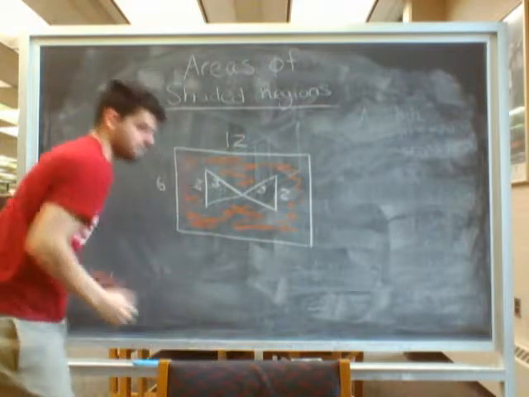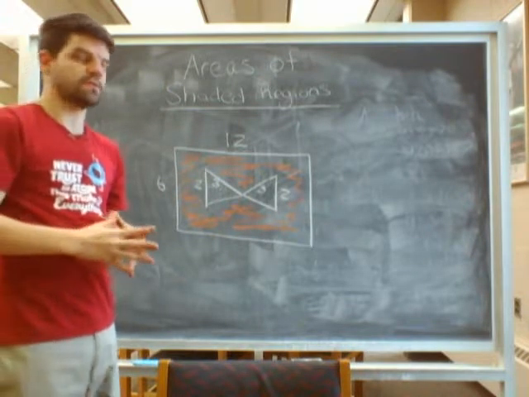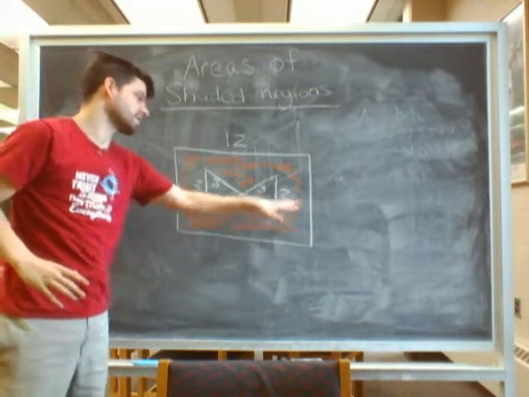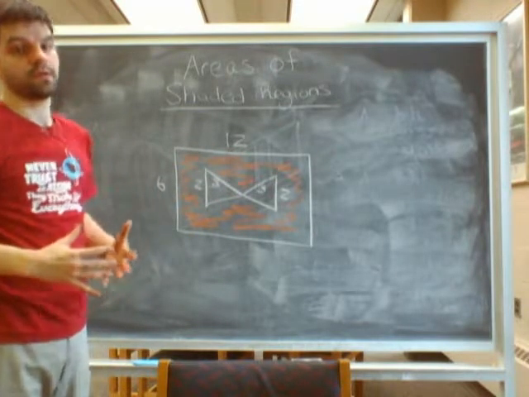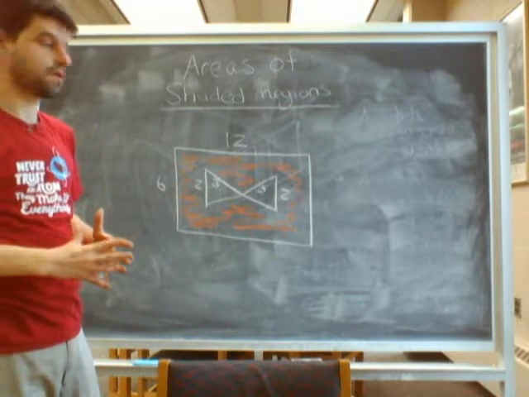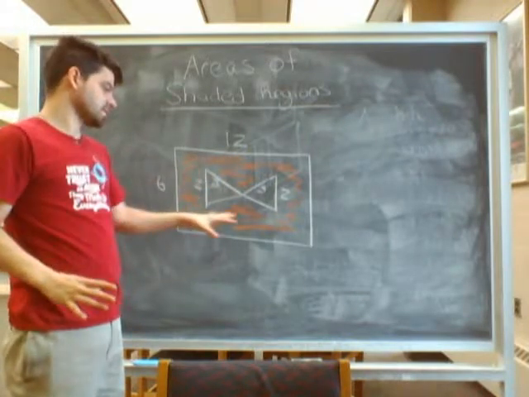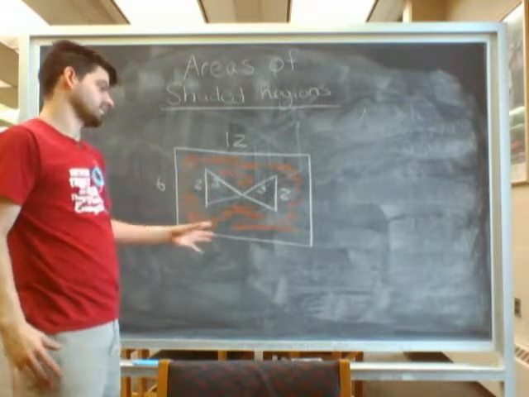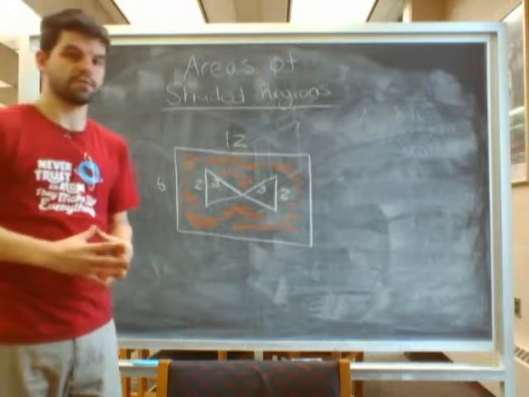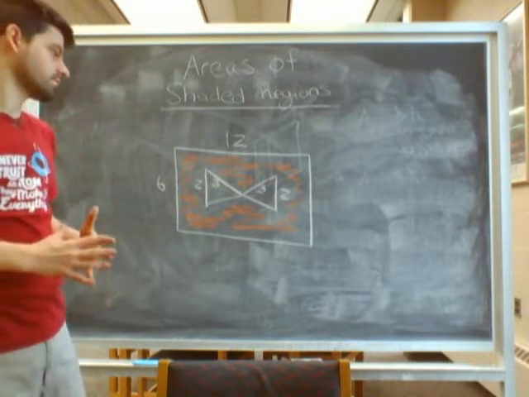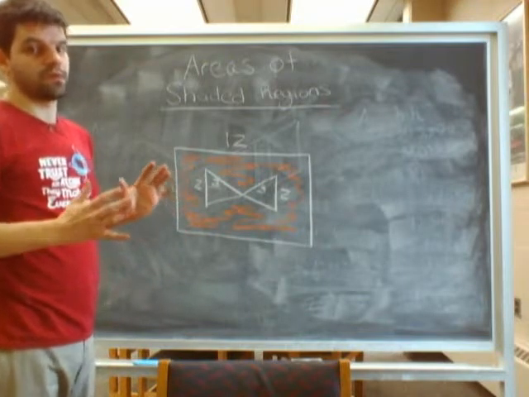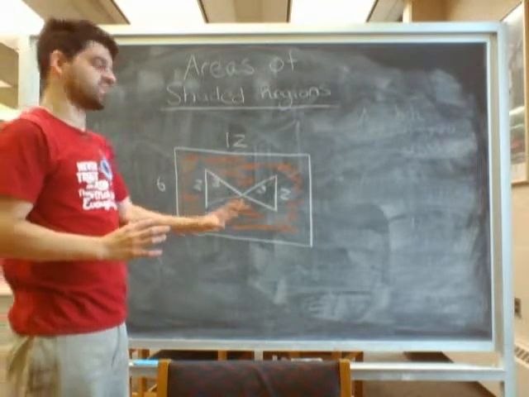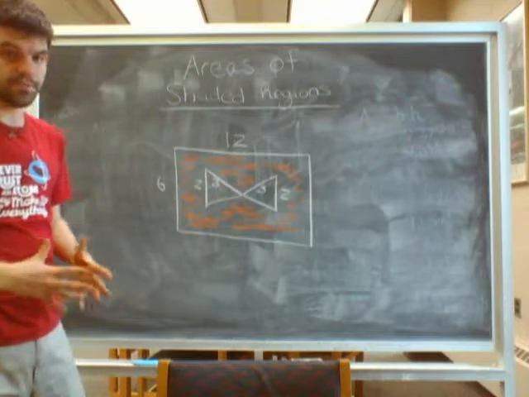So let's pretend that the question is that they want us to solve for this red region inside of the box. Now, upon first glance, as I said in the beginning, there's nothing pretty about solving for the area of this shaded region, because there's no formula we know off the top of our head that gives us the ability to directly plug and chug numbers and get the area.